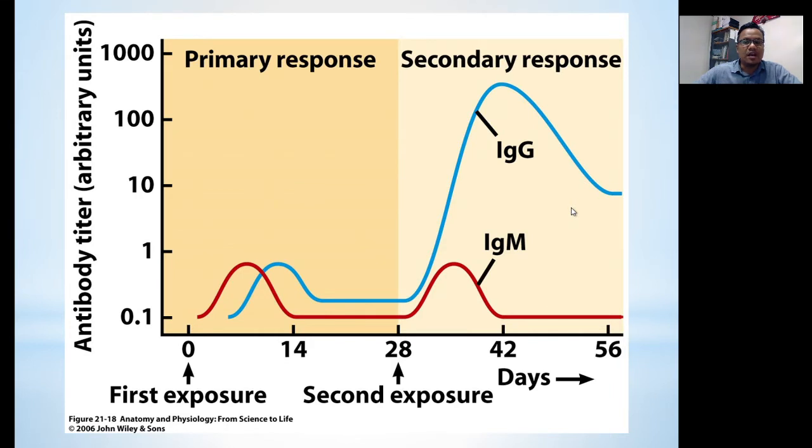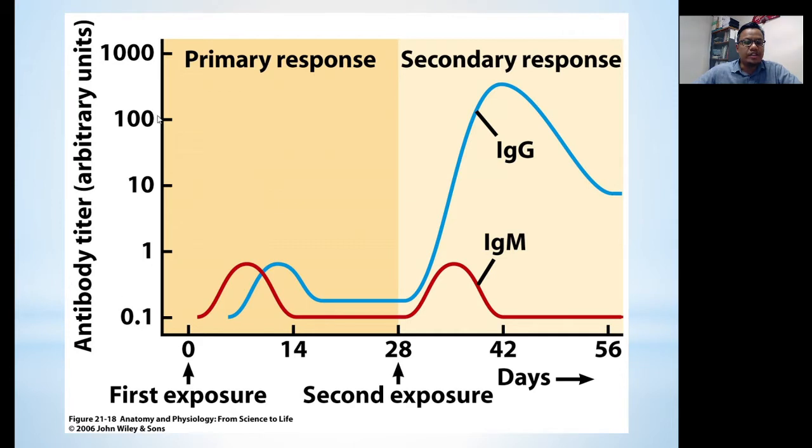So how can we know? How can we observe all this? I mean, we say that yes, adaptive immunity has memory cells and will produce antibody the second time. So how can we observe this in the labs? We can observe this by looking at the antibody levels or titer in the serum or plasma of the patient's blood.